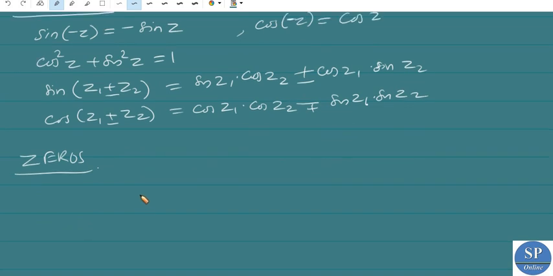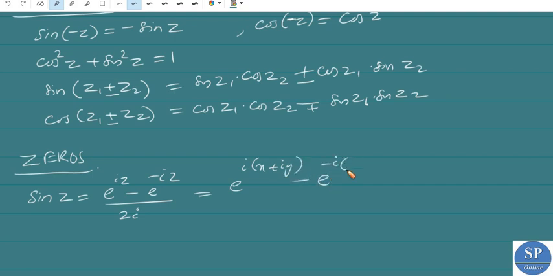We have sin z equal to (e^{iz} − e^{−iz}) / 2i. Replacing z by x + iy, we have (e^{i(x+iy)} − e^{−i(x+iy)}) / 2i.